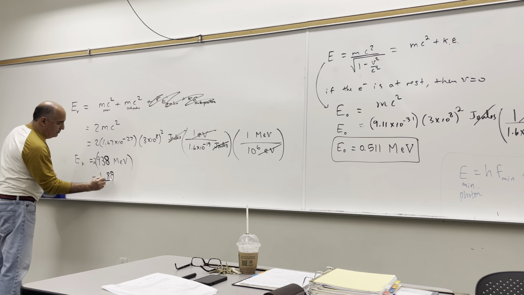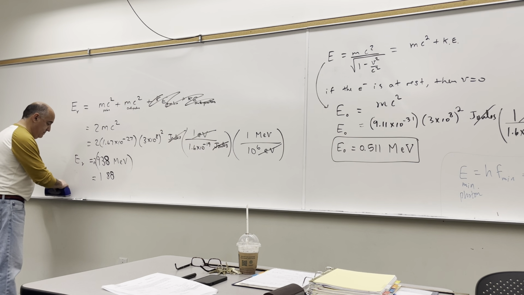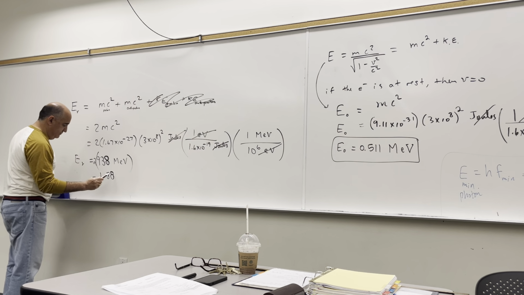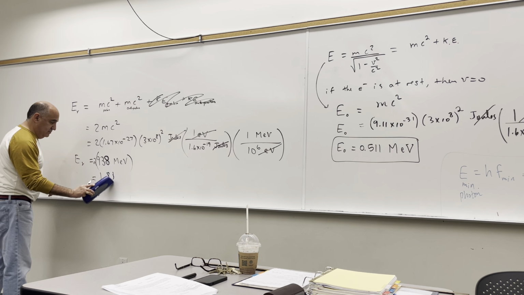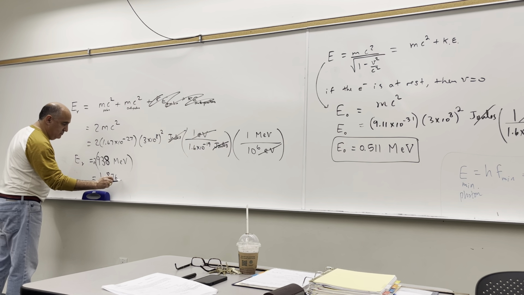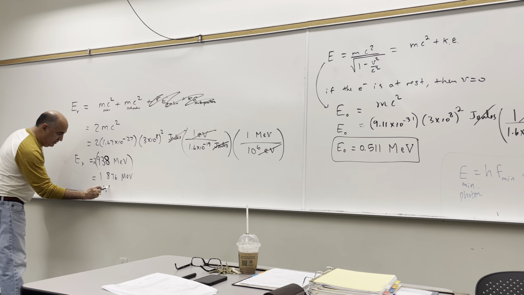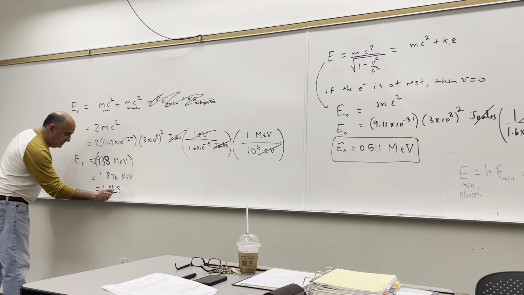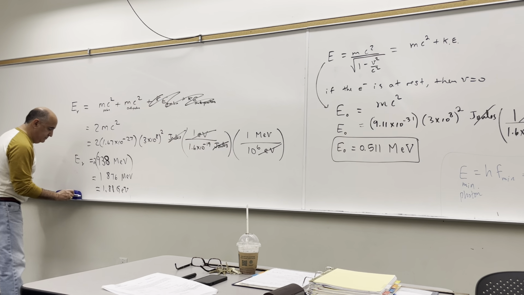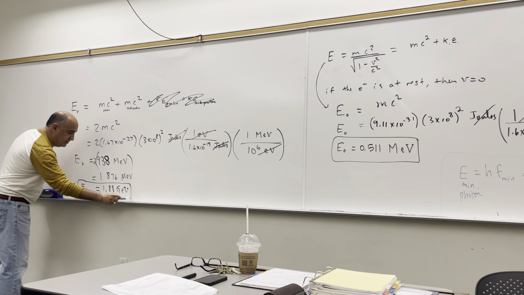Let's make it 1.88. Well, that would be billion now, right? 1.88 giga electron volts. That's what the energy of the photon should be, the minimum energy.